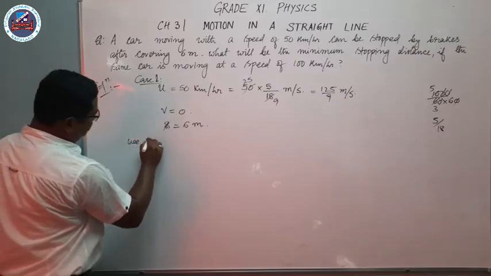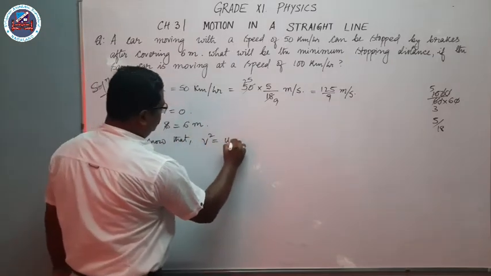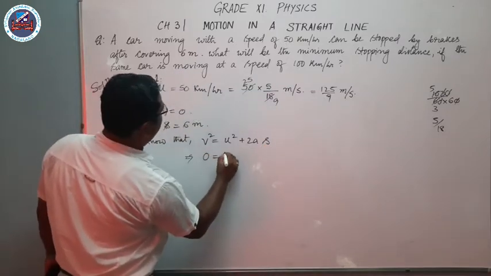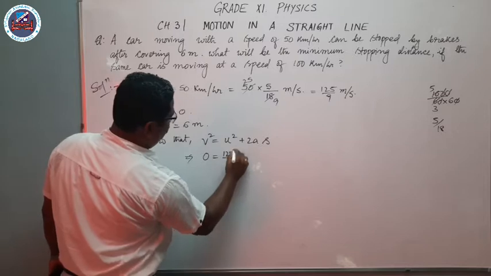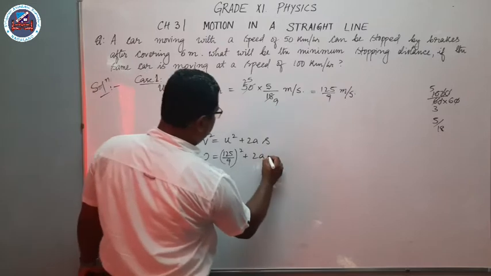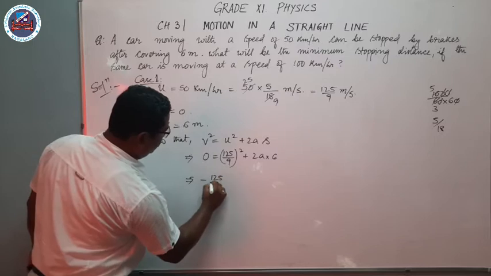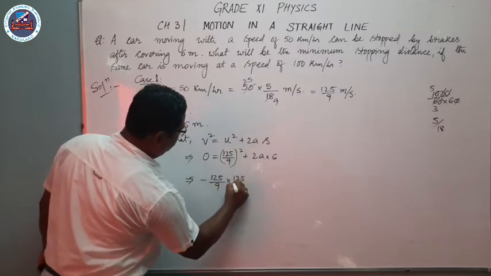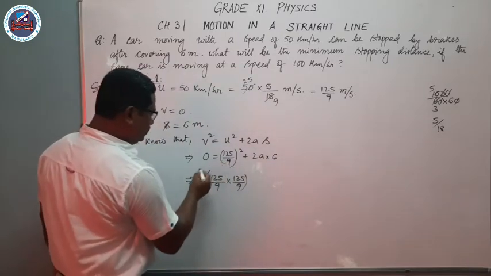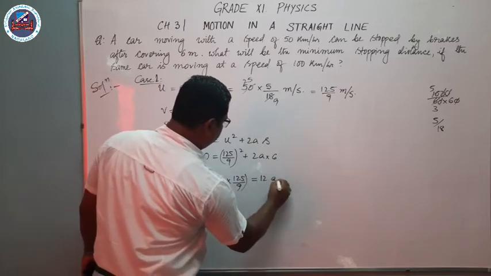We know that v square is equal to u square plus 2as. Using this relation, v is 0, u is 125 by 9, squared, plus 2 into acceleration into displacement, which is 6 meters. So this becomes minus 125 divided by 9 into 125 divided by 9, which is equal to 6 twos are 12a.